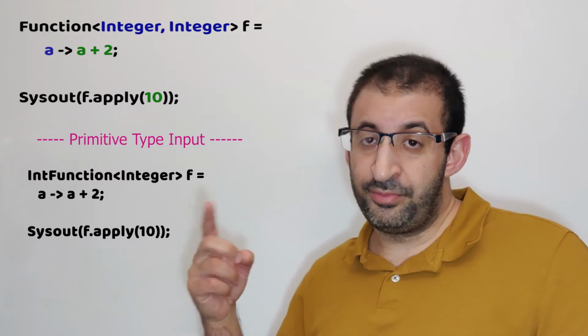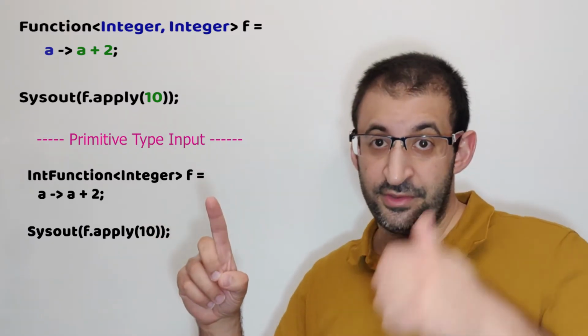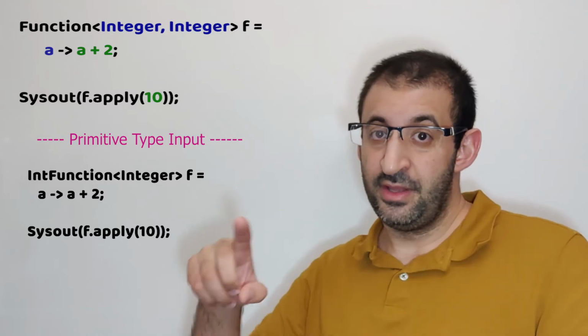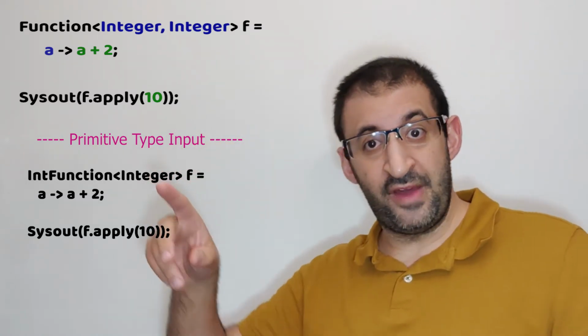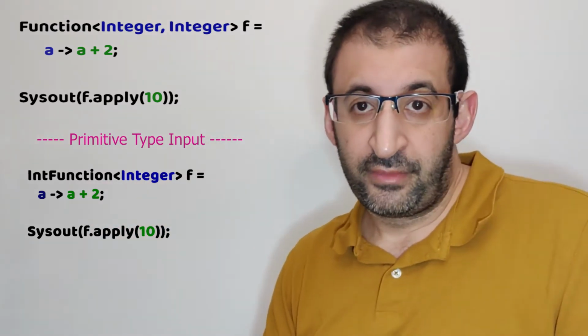Here, when I put 10, there is no auto boxing because the input value is primitive type. No auto unboxing either. I have just one conversion, auto boxing for the return type. Only one.